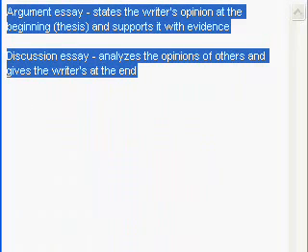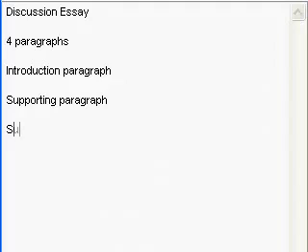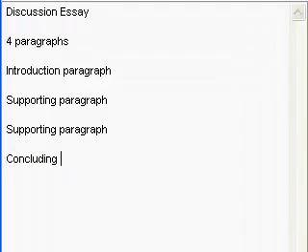Okay, so now if we focus just on discussion essays, a discussion essay has 4 paragraphs. First being an introduction paragraph, second being a supporting paragraph, third being a second supporting paragraph, and the last being a concluding paragraph.